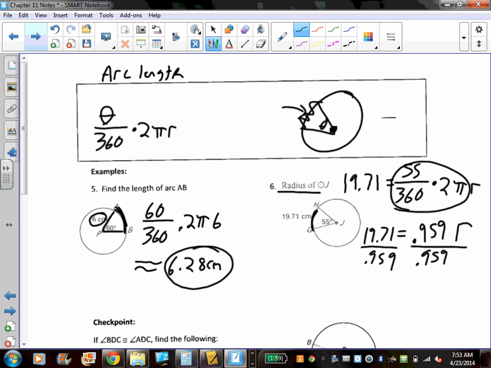So 19.71 divided by 0.959 gives us that the radius is approximately equal to 20.553 centimeters.